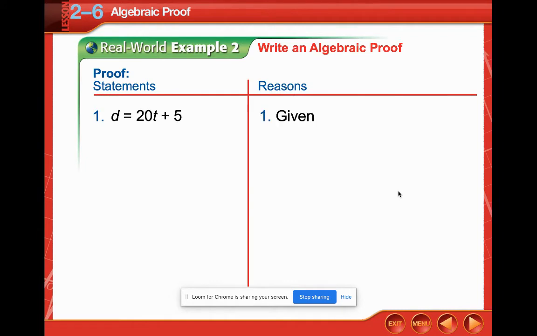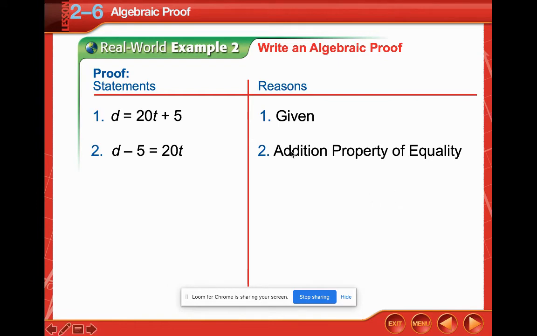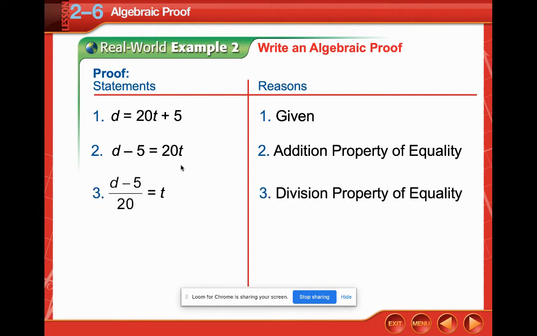All right. First thing you always start with is the given. D equals 20t plus 5. All right, first thing you want to do is get rid of that 5 on this side and bring it right up next to that D. So you subtract 5 from both sides, and that's the addition property of equality. All right, division property, you're going to divide by 20 on both sides, okay?